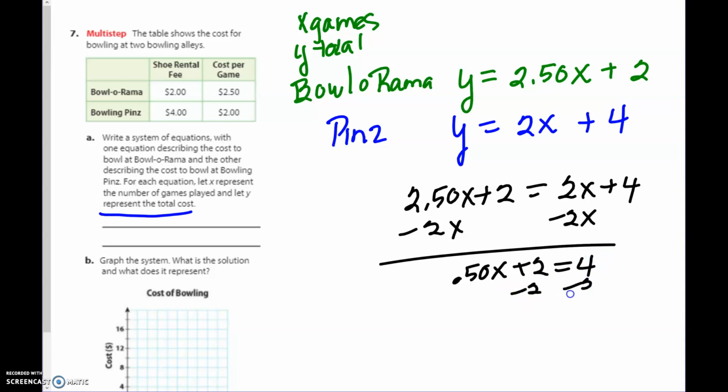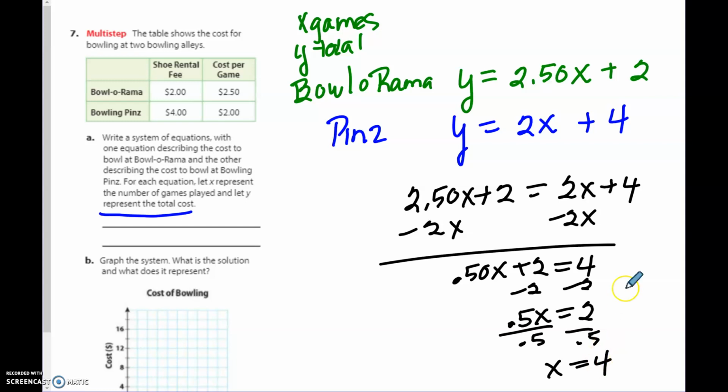Subtract 2 from both sides, so 0.5x equals 2. So now we're going to divide both sides by 0.5, so x is, and what happens when we take 2 and divide by 0.5? 2 divided by 0.5, we get 4.